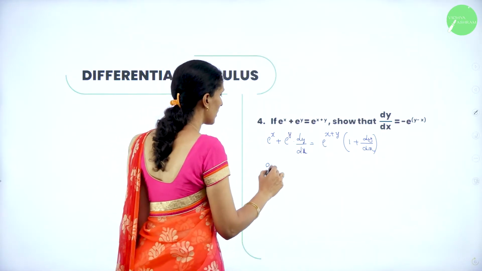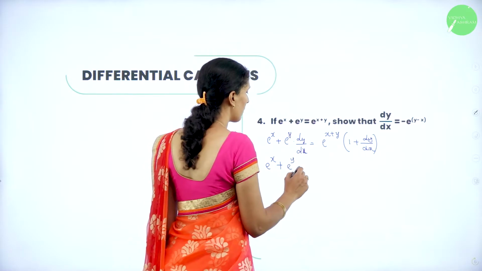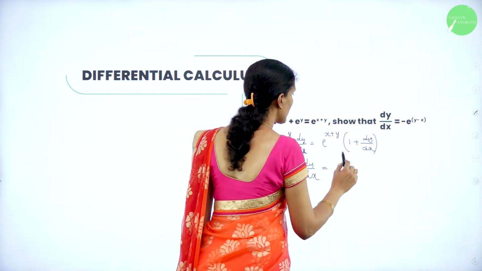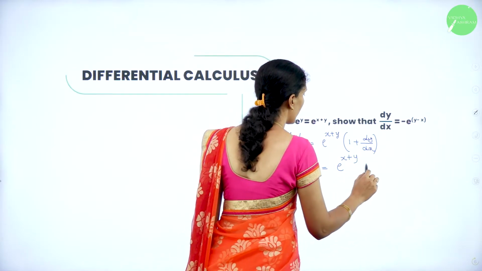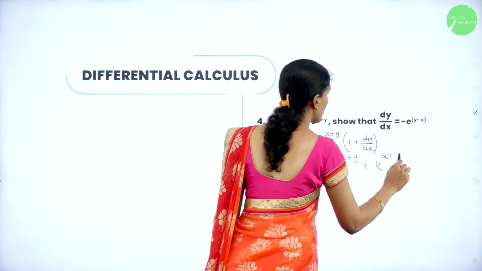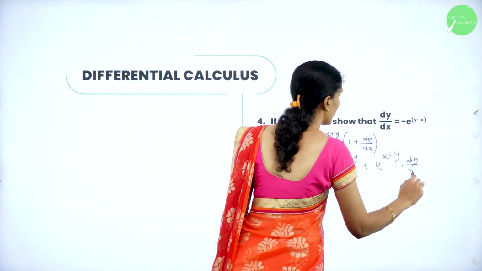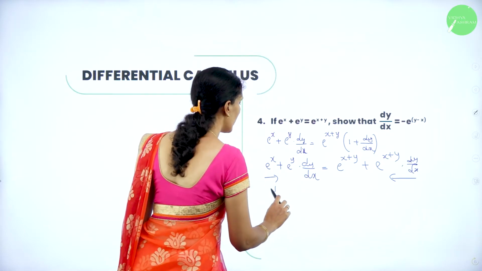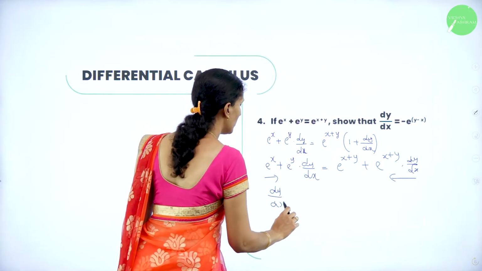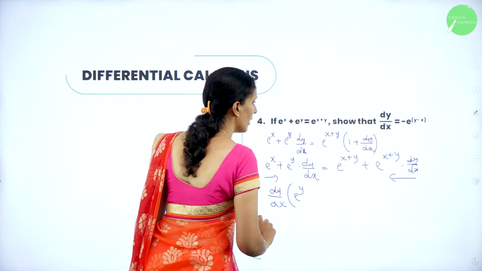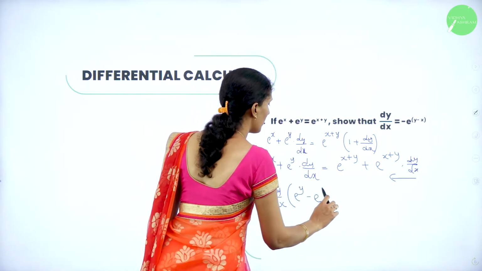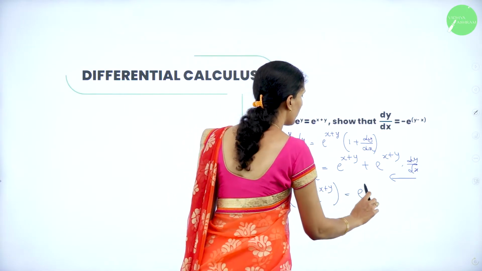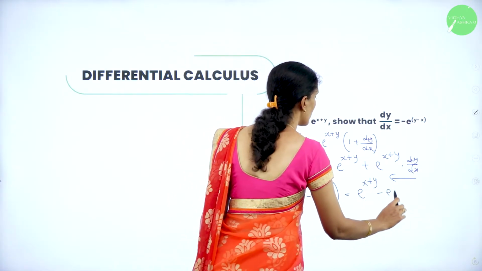Now here it is e power x plus e power y into dy by dx. So here you can write this as e power x plus y plus e power x plus y into dy by dx. Now shift this here. It is dy by dx as a common factor. You will get e power y minus e power x plus y. And here it is e power x plus y minus e power x.